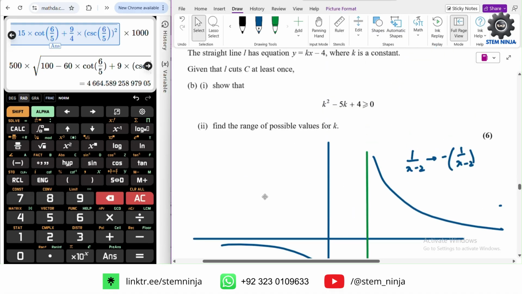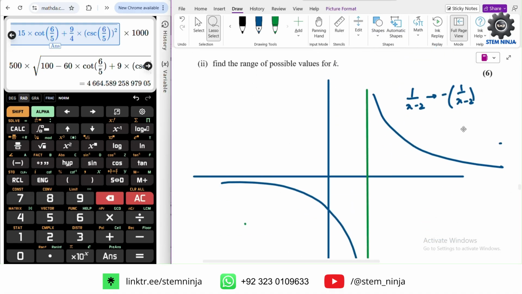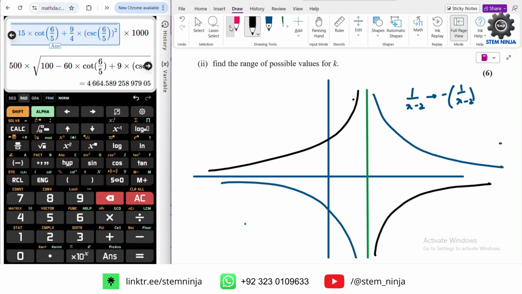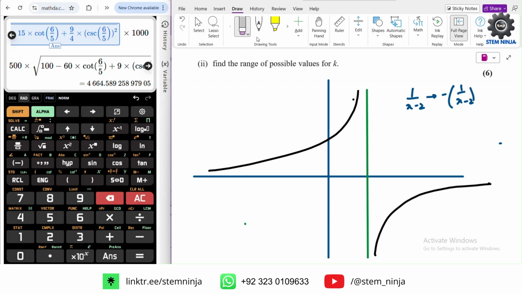So this is your x minus 2, but minus of that would turn the negative part into positive, and the positive part into negative. So this is your vertical asymptote, x is equal to 2.